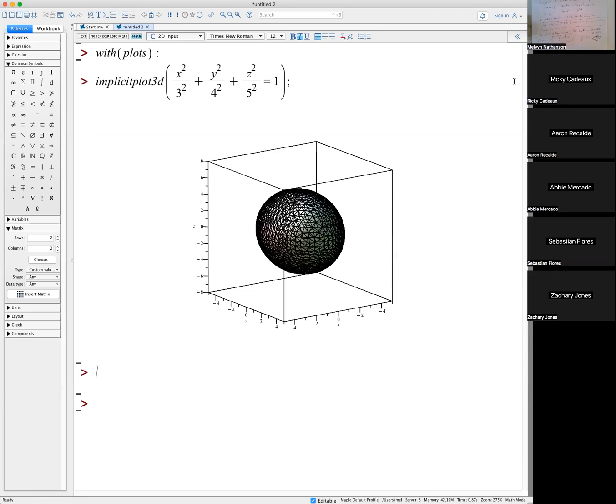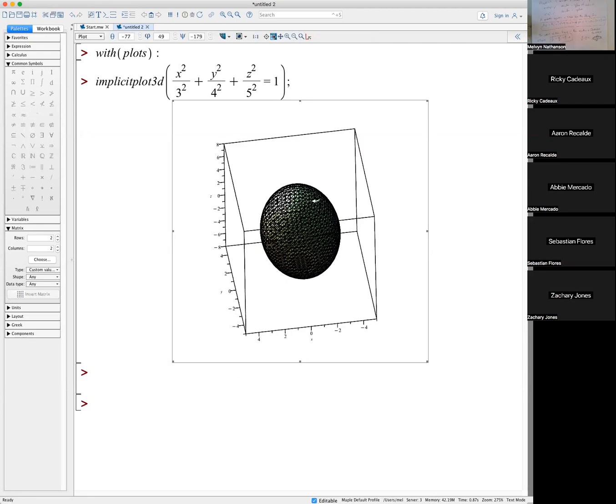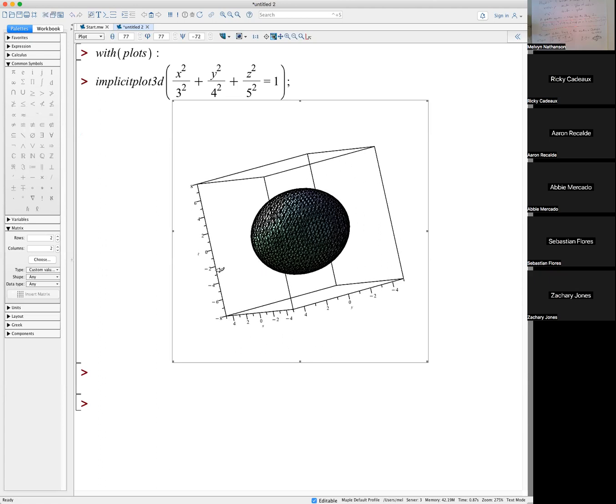Let me just write it in the same form it's in the book. There it is. Well, that's my ellipsoid. I can rotate it around so you can look at it in different ways. Kind of cool.